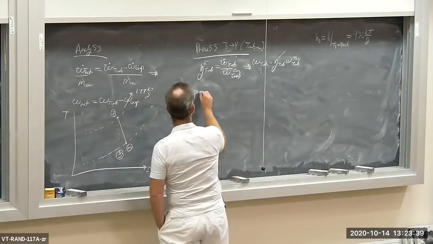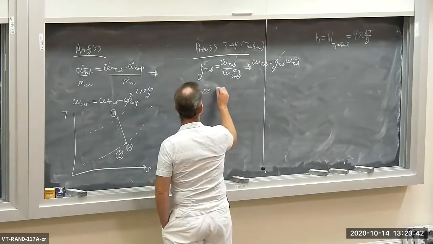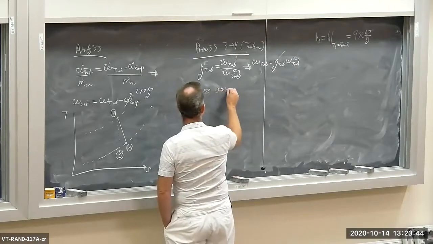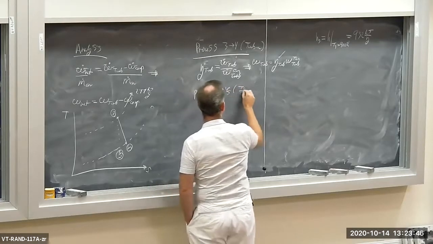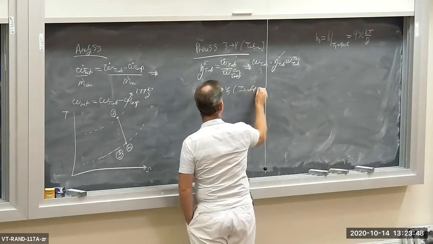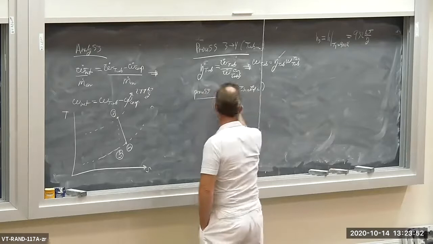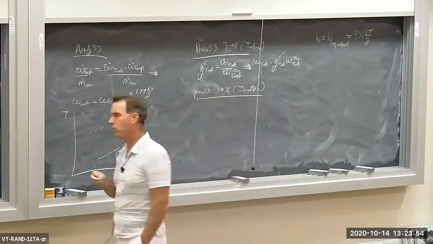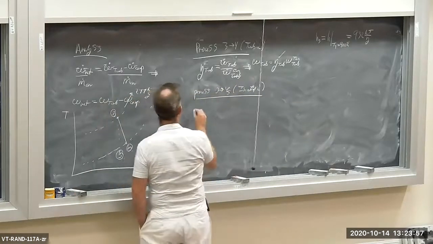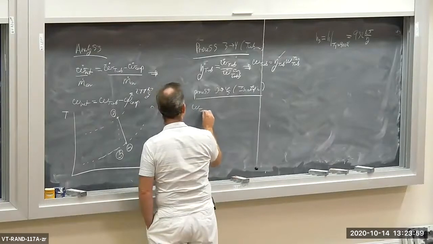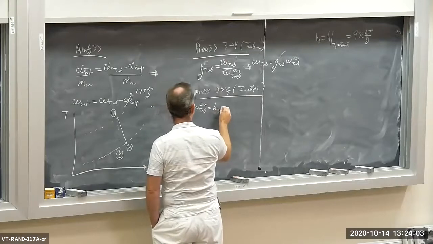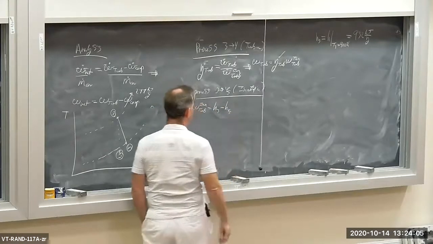So process 3 to 4 sub S is isentropic turbine work. So again, energy balance, I get W turb isen equals H3 minus H4 sub S.